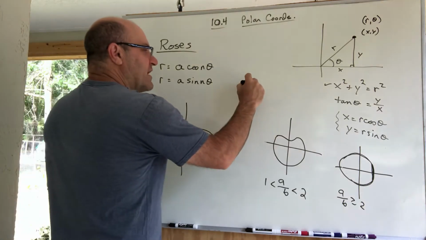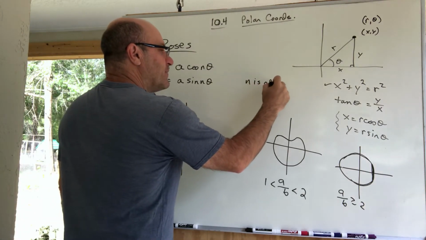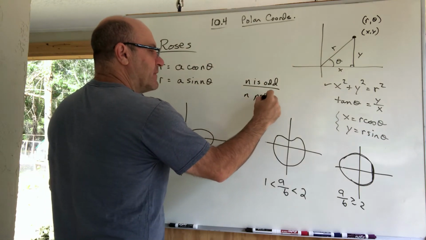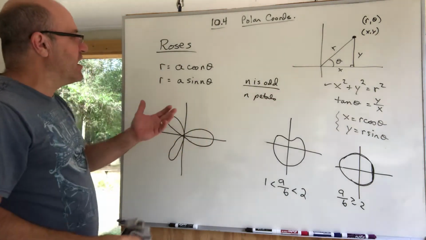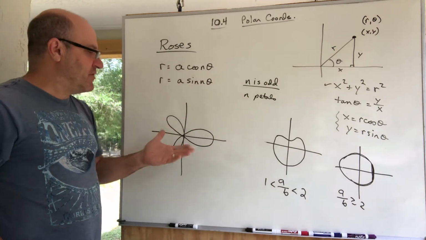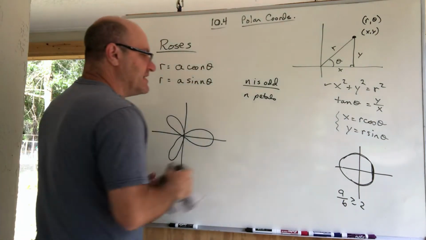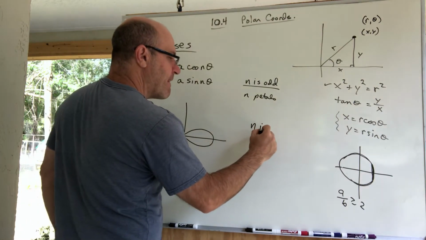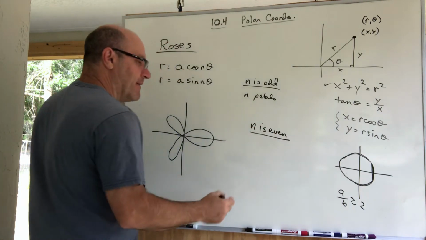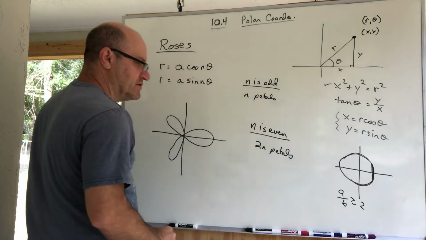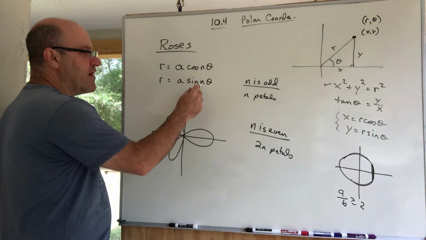What they say is when n is odd, then you have n petals. So when n is odd, like 3 or 5 or 7, you have 3 or 5 or 7 petals. When n is even, then you have 2n petals. So if it's 2 theta, you have 4 petals.